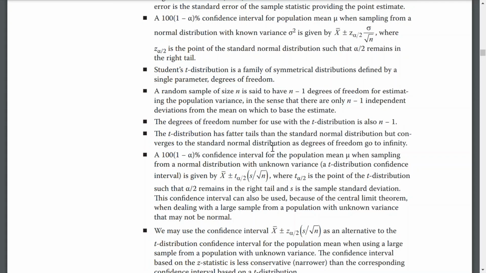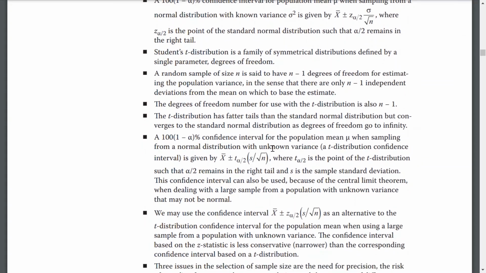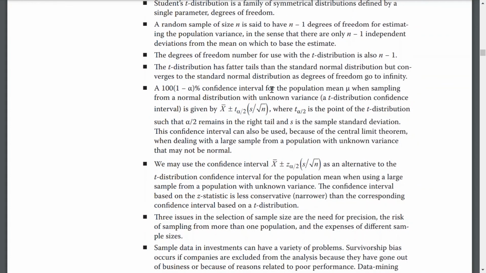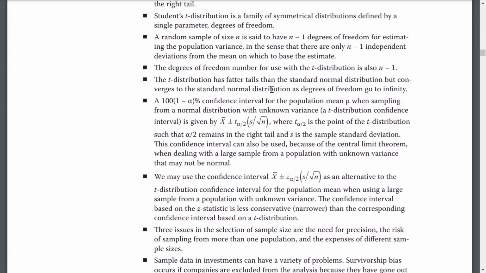A random sample of size n is said to have n minus 1 degrees of freedom for estimating the population variance. It is seen that there are only n minus 1 independent deviations from the mean on which the estimate is based. The degrees of freedom for use with the t-distribution is also n minus 1.